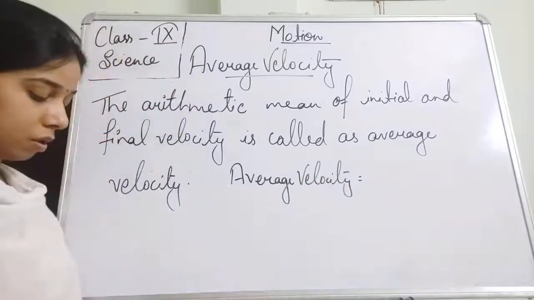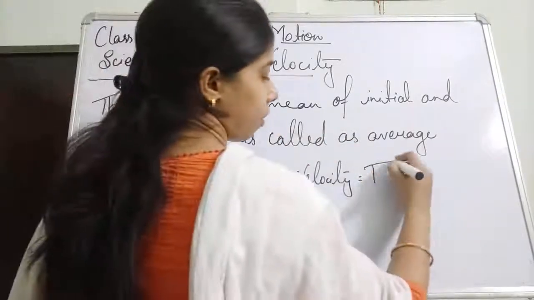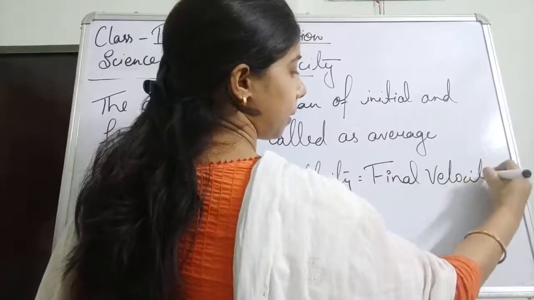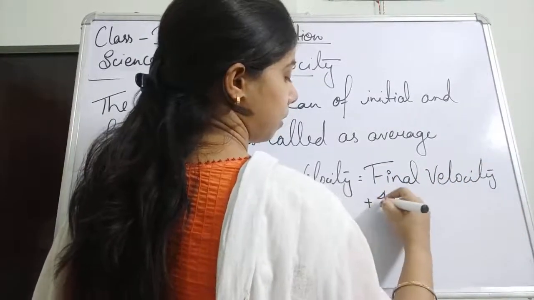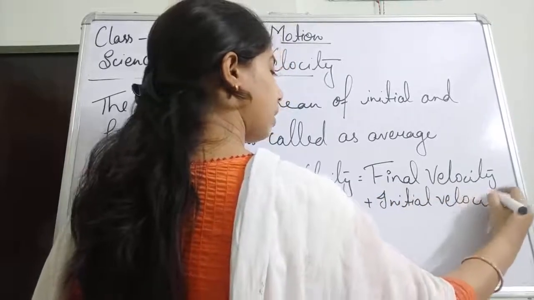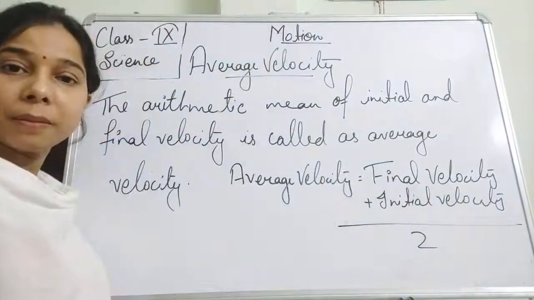Average velocity is equal to initial velocity plus final velocity. Now we have to take the arithmetic mean, so it will be divided by 2.